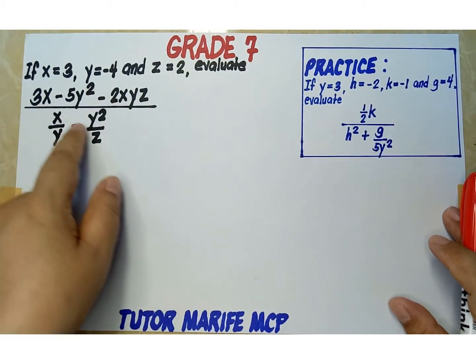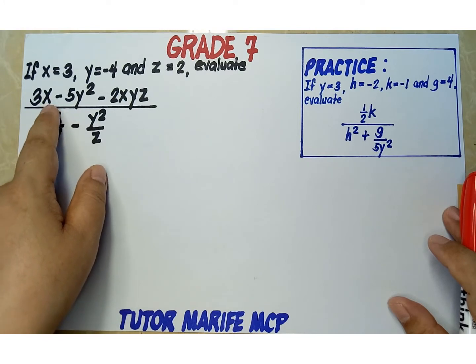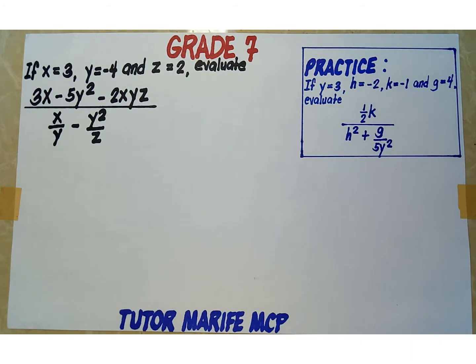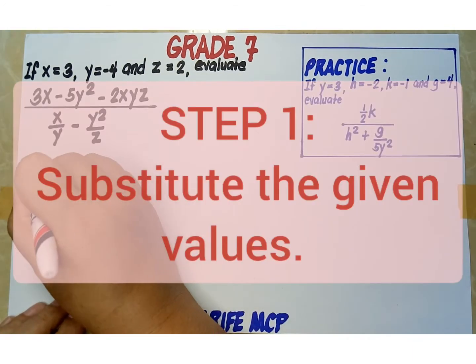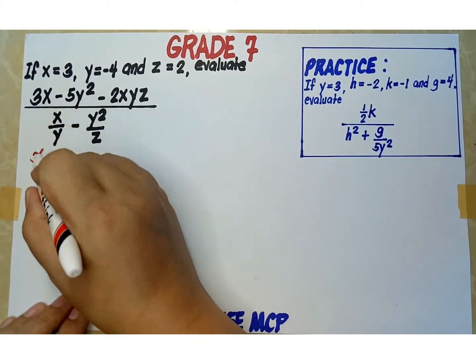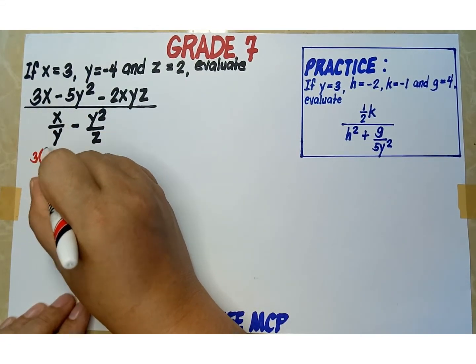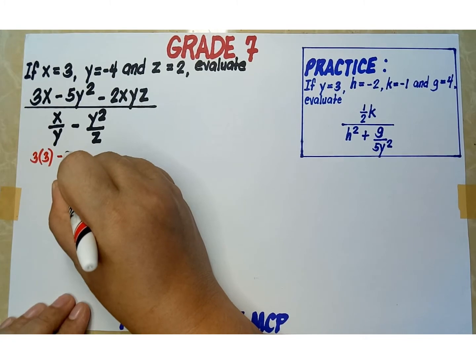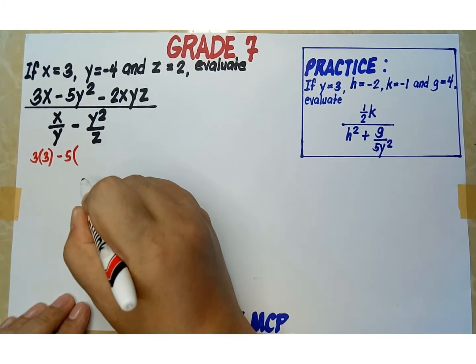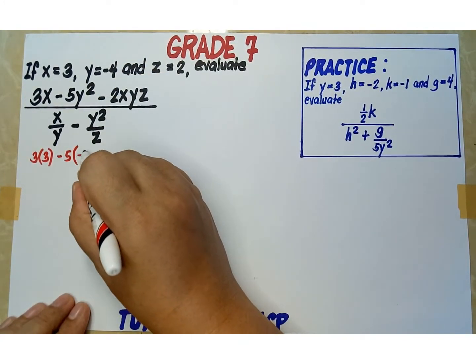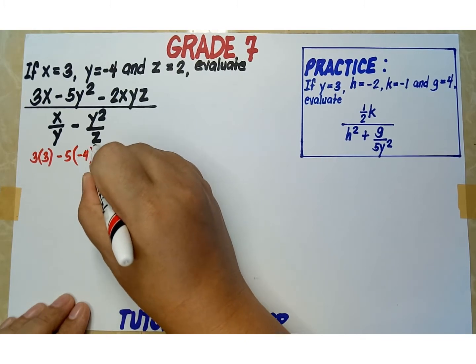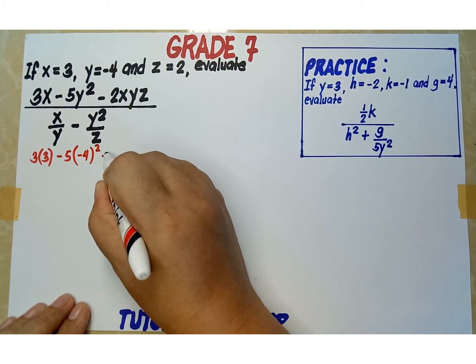To plug in means to substitute or to replace. Okay? So, we have 3 times, replace x with 3 minus 5 times, replace y with -4. So, -4 squared minus 2.